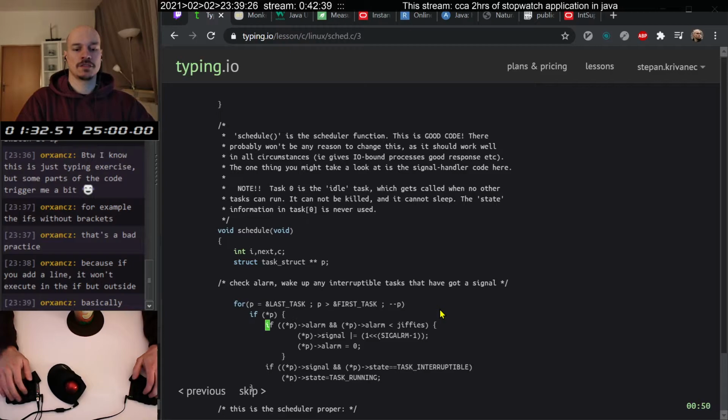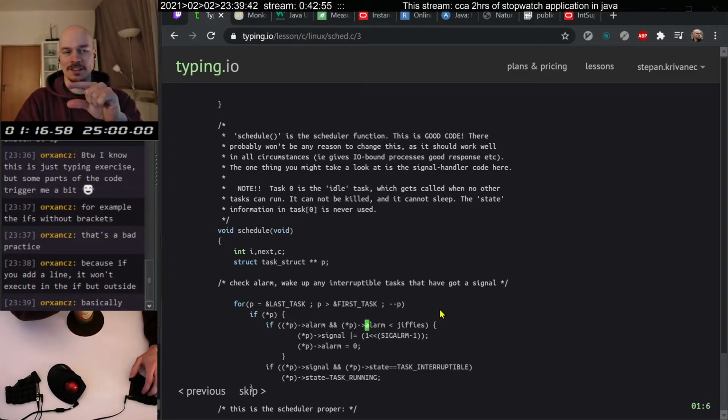Also, the coding styles are mixed up from exercise to exercise, which is kind of funny. There are some parts where the curly brace would be on the next line after the if, and other parts of this exercise where the curly brace would be on the same line.